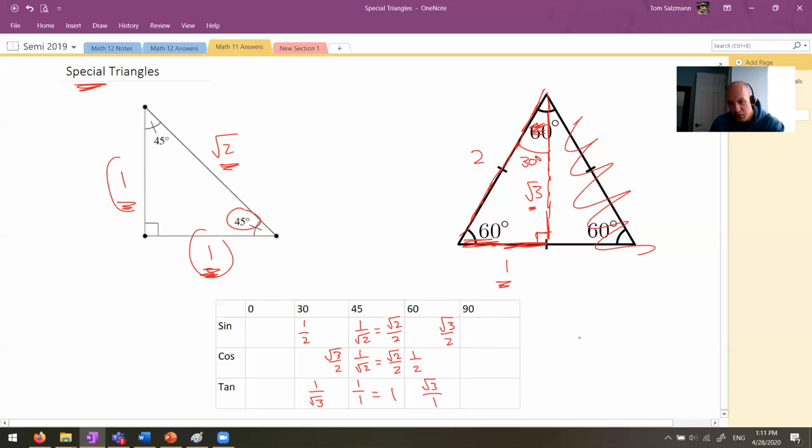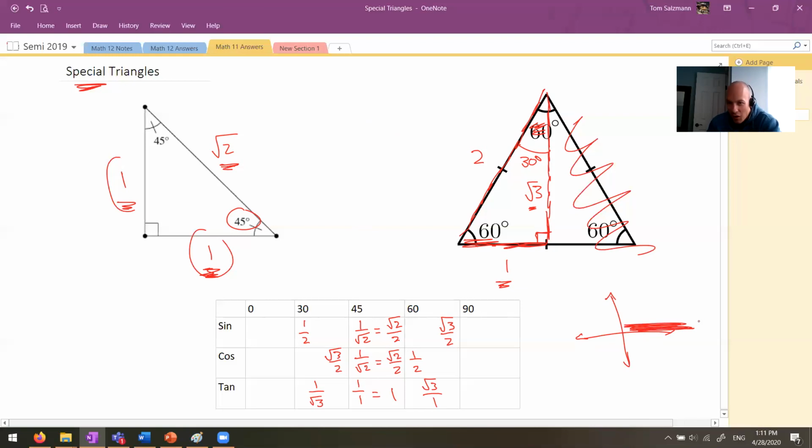Now what I'd like to do is work out the zeros and the 90s because it's going to show a little bit more of an interesting thing here. So if I want sine of 0 degrees, this is where I've got to think about this in terms of the Cartesian coordinate system. Okay, so 0 degrees means the terminal arm is just lying flat on the x-axis.